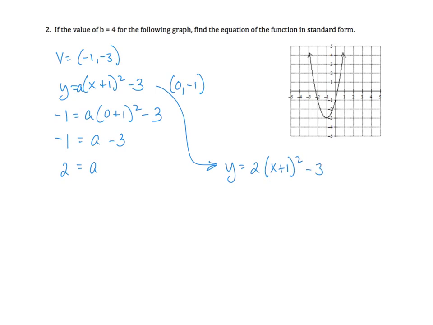Now let's just confirm that the value of b is 4. It should be. If it isn't, then this is a bad question. So let's multiply this out. x squared plus 2x plus 1 minus 3. y equals, we'll distribute the 2.